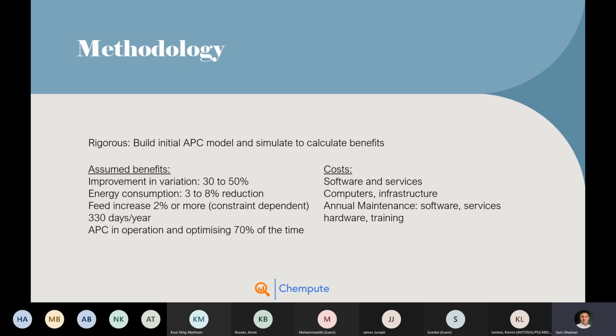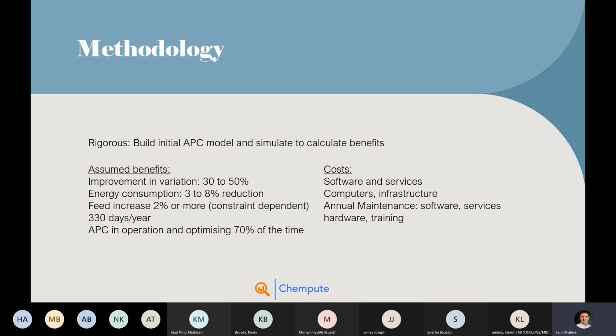There's a second method which most people tend to use, which is you assume some benefits, and these numbers are really coming from industry trends and industry experiences. You can reduce the standard deviation or improve the variation in certain products by about 30 to 50%.